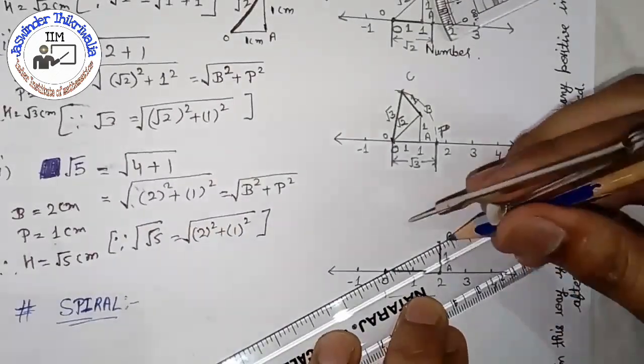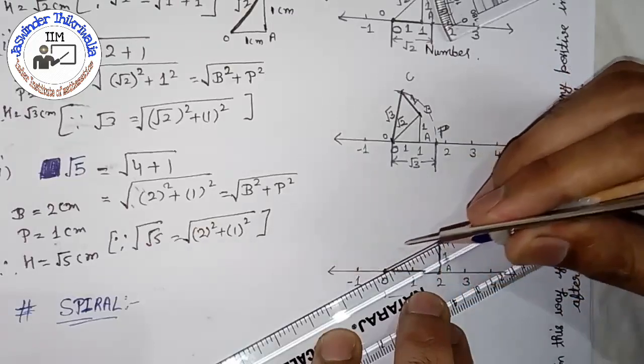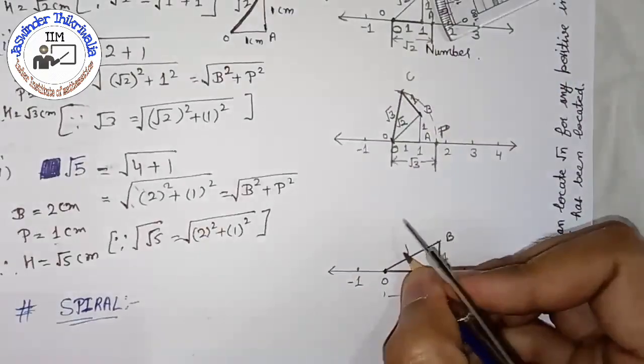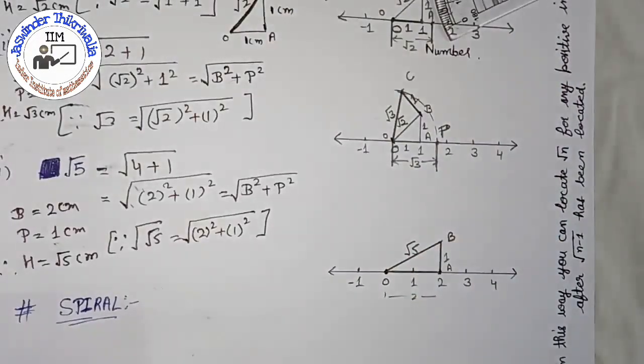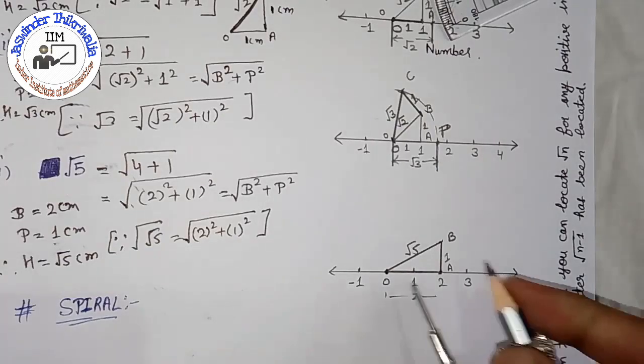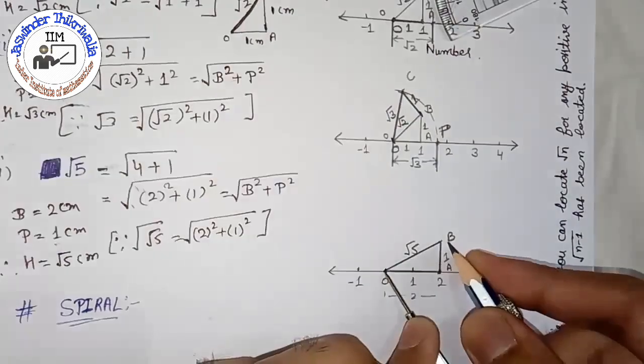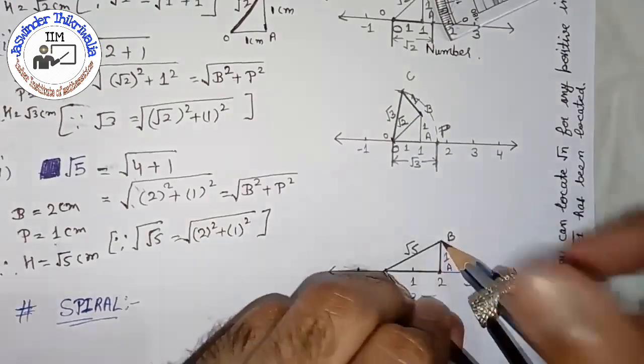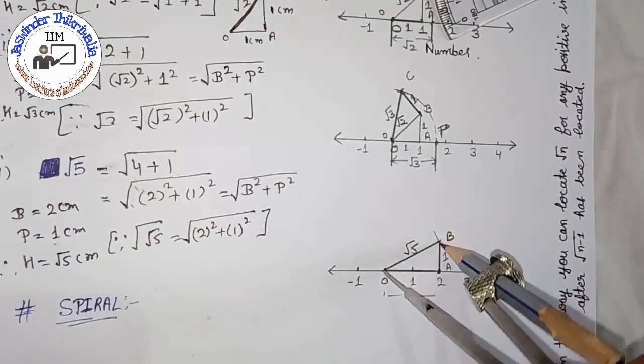When you join it, by the Pythagoras theorem this length OB is equal to root 5. Now open your compass equal to root 5. Adjust it properly and draw one arc.